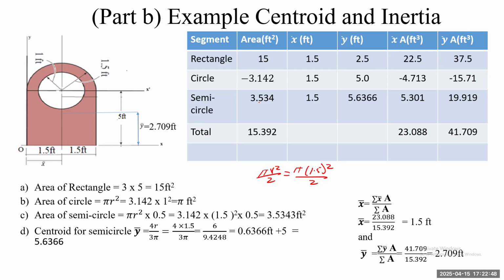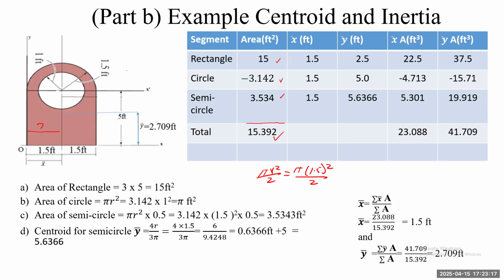Then now you add all of this together. That means you would have to subtract. So you add the 15 and the 3.534, and you subtract 3.12, and you get that figure there. So that is the addition of them. And of course, we already established the x bar for the center of the figure, mapping down to here.